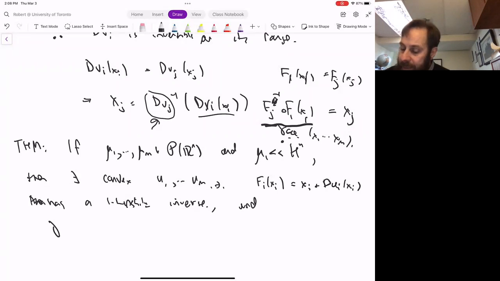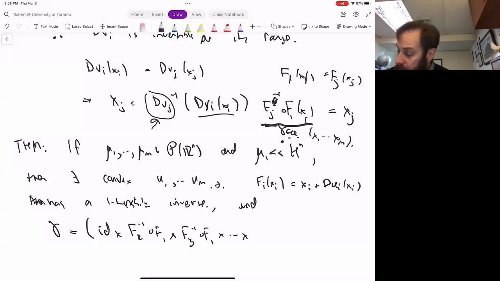And gamma is going to be equal to the identity cross f2 inverse composed with f1 cross f3 inverse composed with f1 all the way up to fm inverse composed with f1, push forward of mu1.